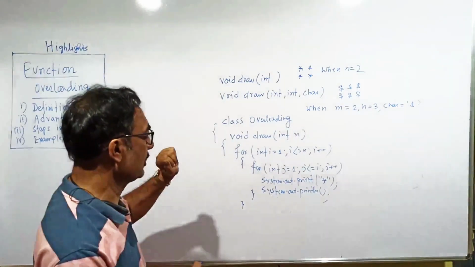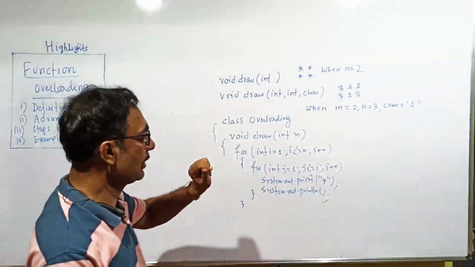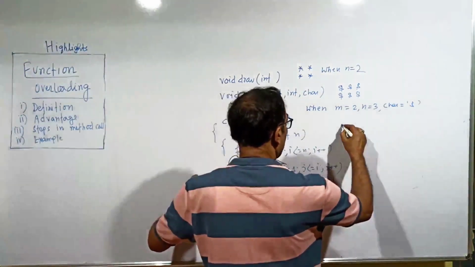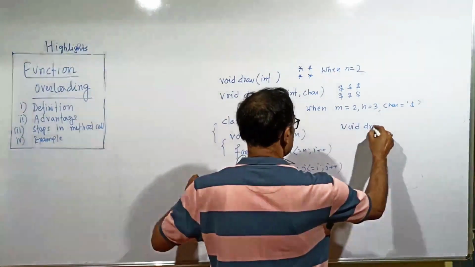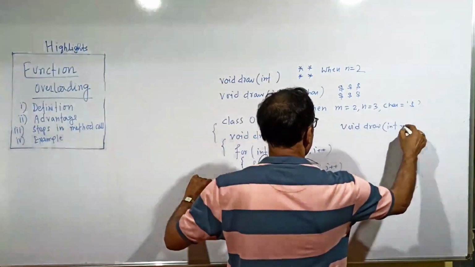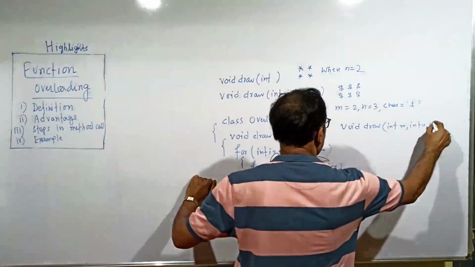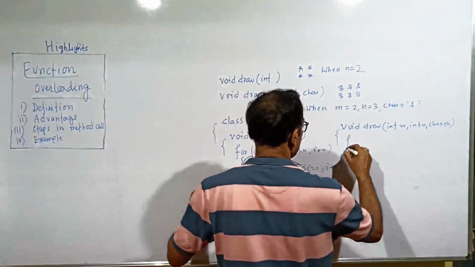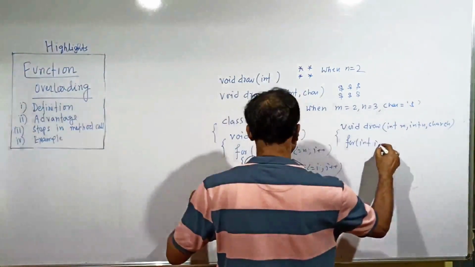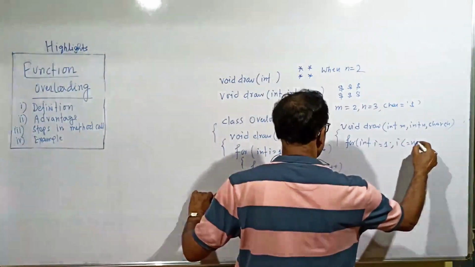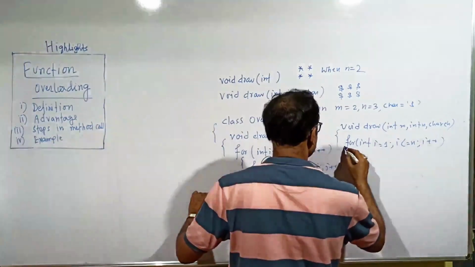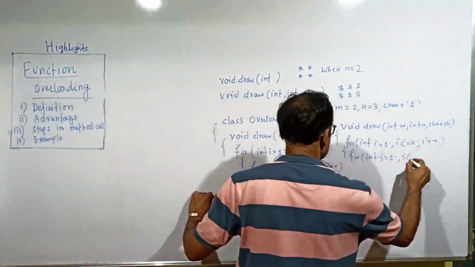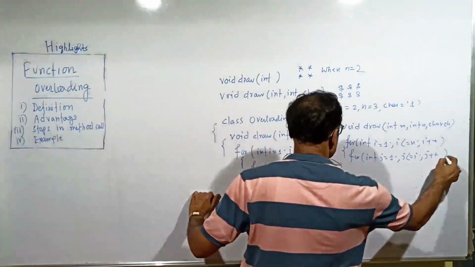Similarly, we will write another method for displaying the other pattern. So for another pattern, we write here void draw, int n, char ch. We'll do almost the same thing. For int i equals 1, i less than equals n, i plus plus, for int j equals 1, j less than equals i, j plus plus.